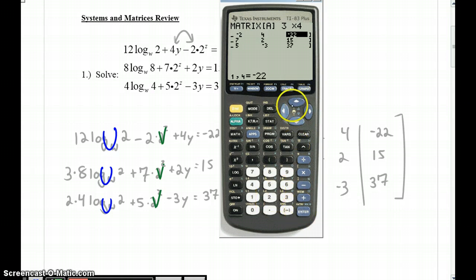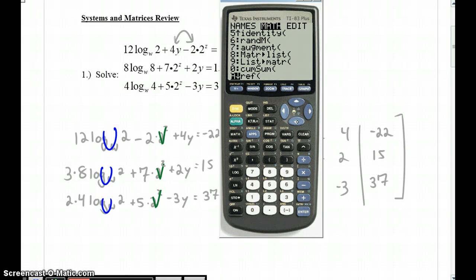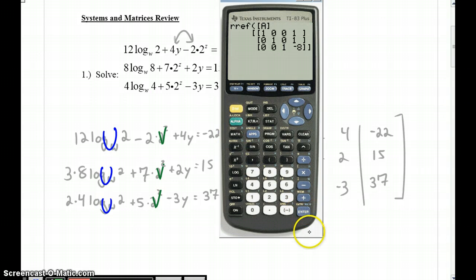Again, we've got a 3 by 4 matrix with the entries all put in. We can quit out of that. We'll go into matrix. Let's do some math. And let's scroll down to take it into reduced row echelon form. Reduced row echelon form for matrix A comes out to be some nice numbers now, much better than what it was before.